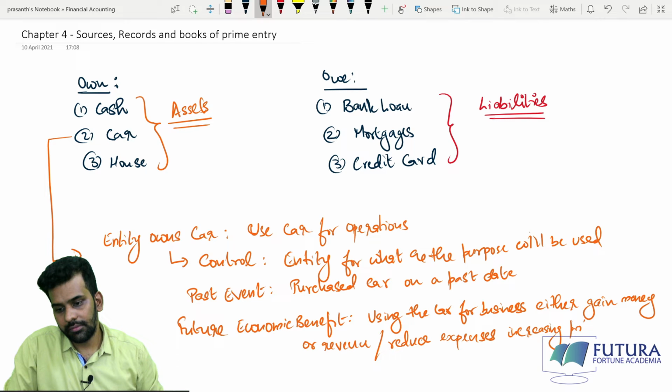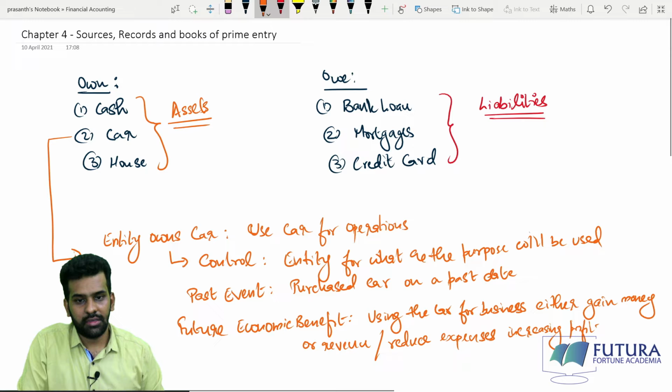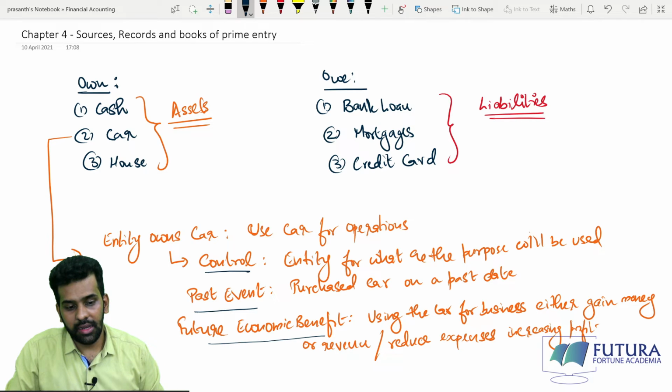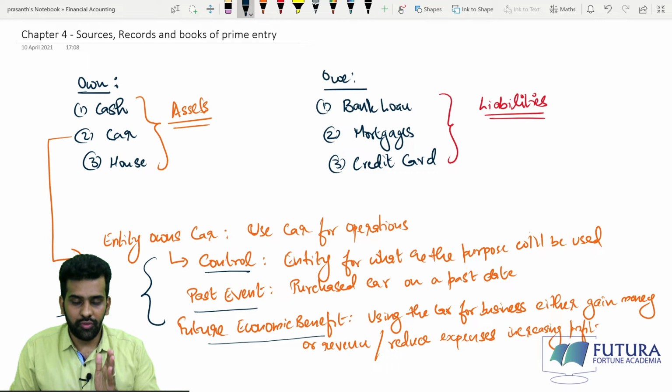So when these three events are present, that is control, past event, and future economic benefit, these are an asset. If you control the car, if the car was purchased because of a past event and you gain benefit by using the car, this car would be recorded as an asset.